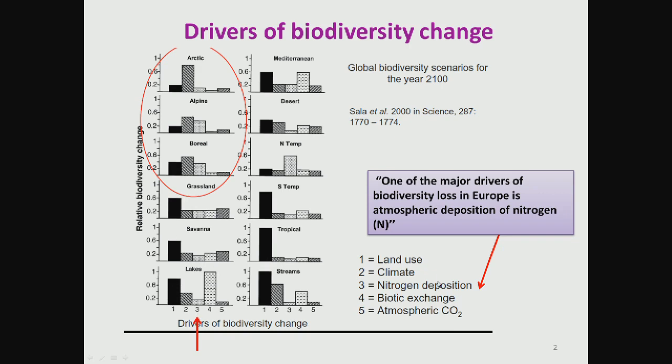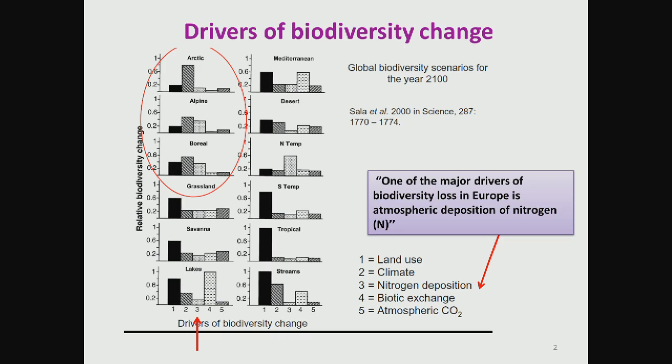Number 3, nitrogen deposition, in some areas, maybe not in the Arctic, but in alpine areas, for example, is one of the top drivers for biodiversity loss. It is a very sensitive environment to any increases in nitrogen.